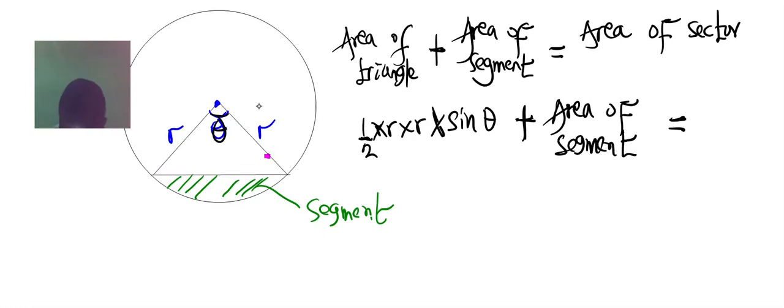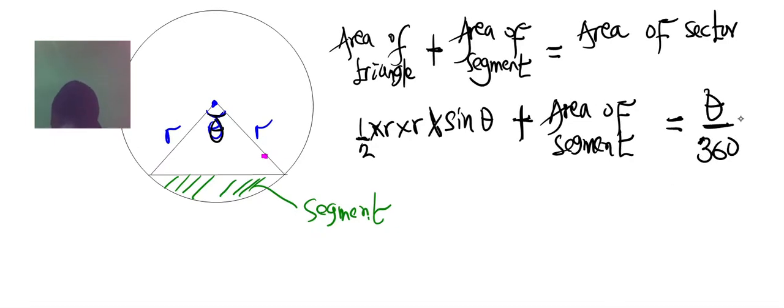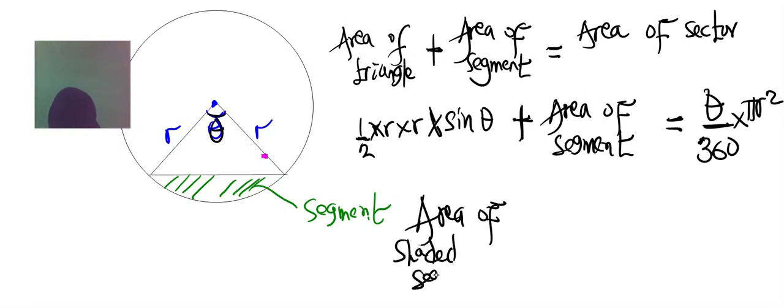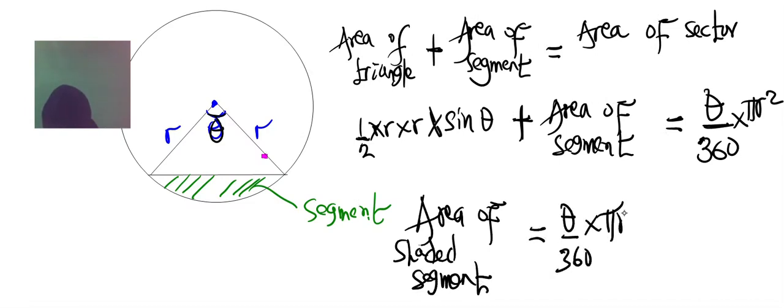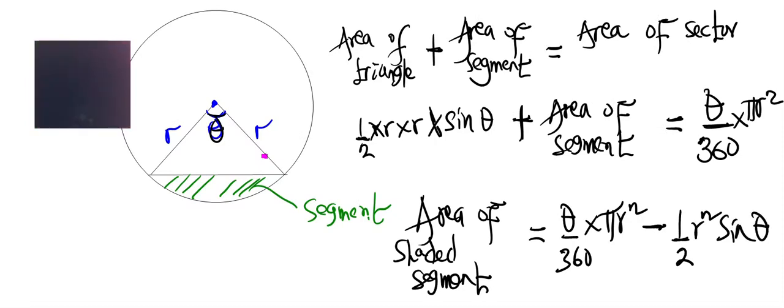This will now be equal to area of sector. Area of sector is fraction from the total area of circle. That's theta over 360 times pi r square. So area of segment or area of shaded segment, as the case may be, is area of sector, that's theta over 360 times pi r square, minus area of triangle, which is half r squared sine theta. So this is what we have.